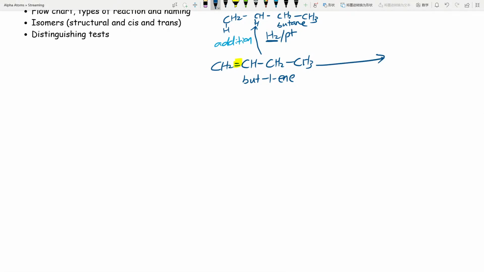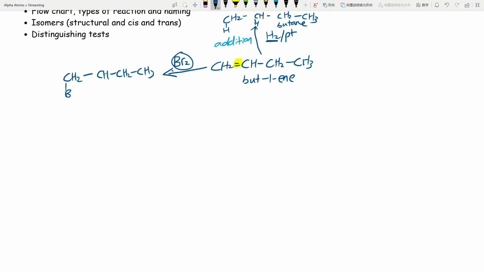Next one. Actually, let's do it this way, because I'm going to use more space. If I add, say, Br2, what's going to happen? Same thing: just copy paste, break the double bond, copy paste, and then what am I adding? I'm adding 2 Brs.